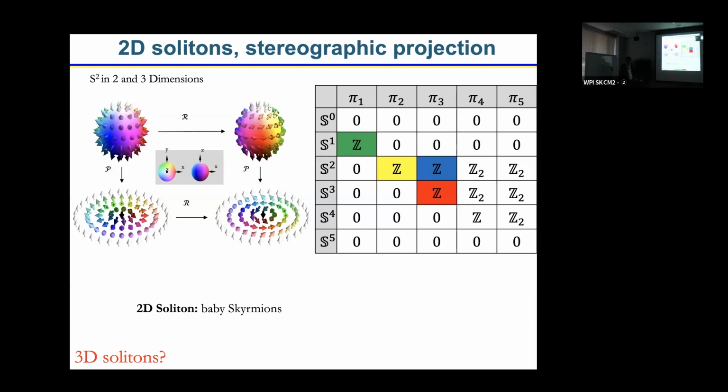But what are these two different types of objects that we have in here?